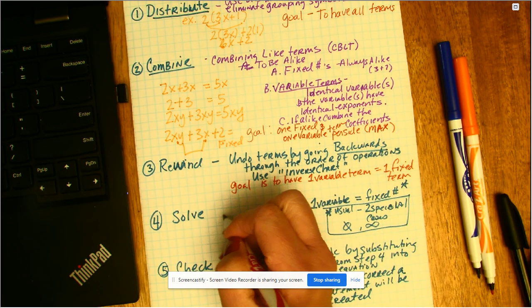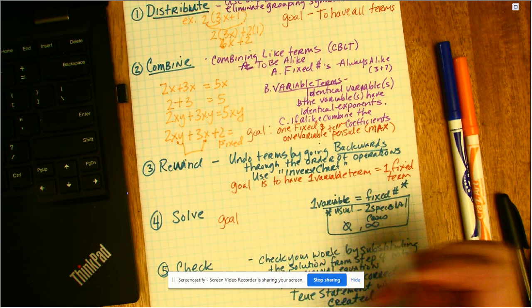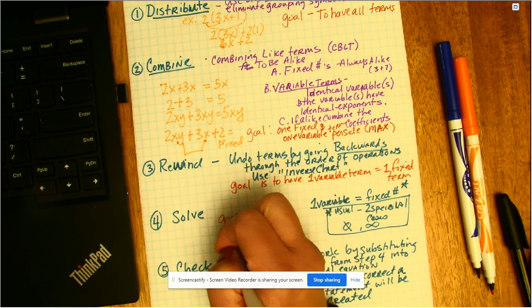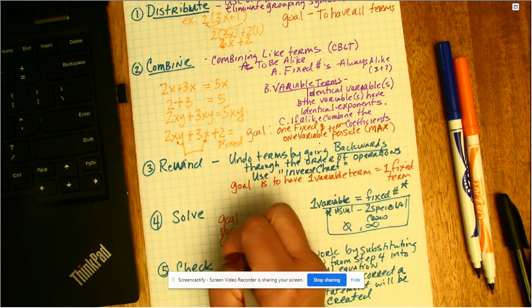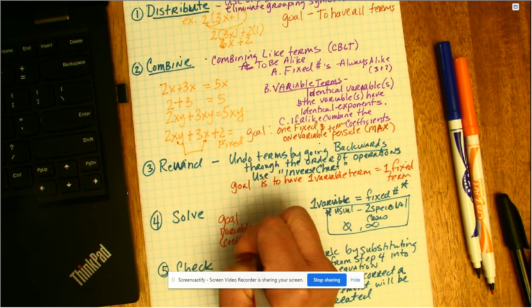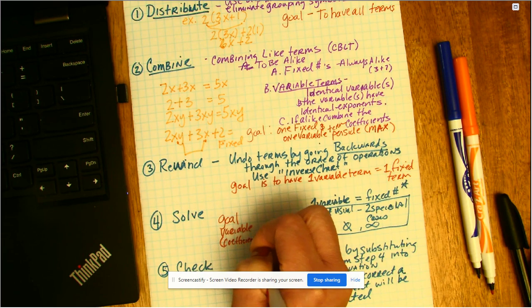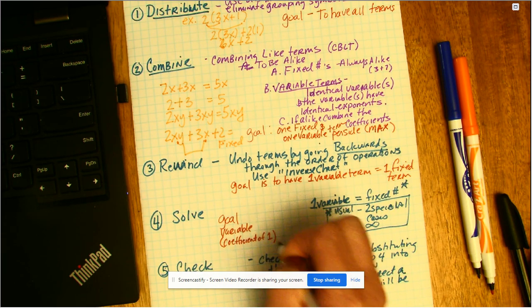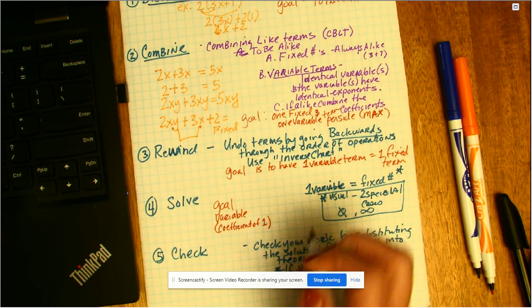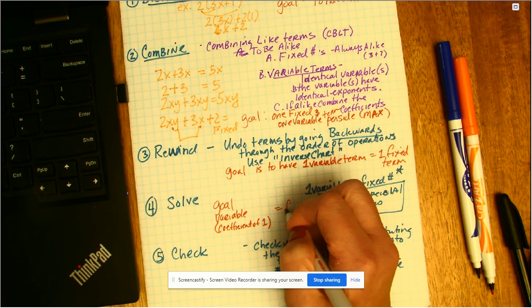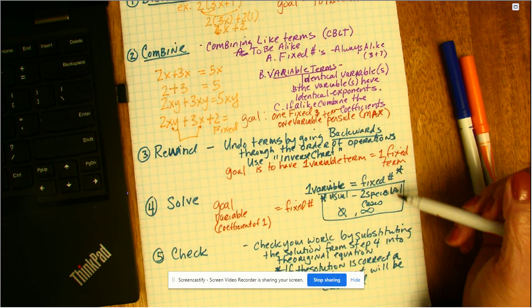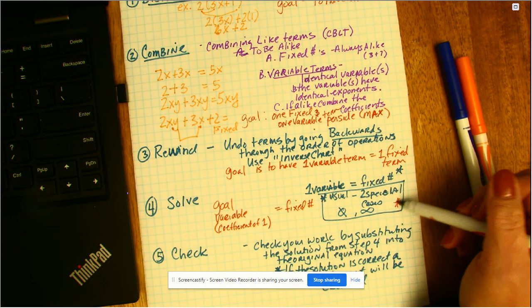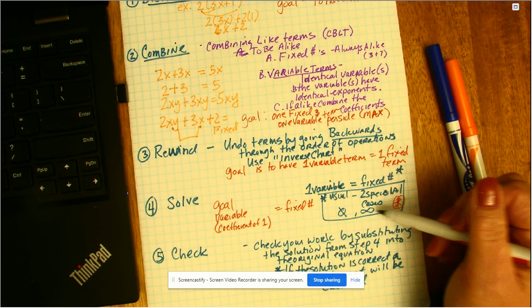And then the solve, the goal is to have a variable with a coefficient of 1, not -1, 1, equal to your fixed number. And we'll find when we talk about cases over here, that's not going to be a possibility.